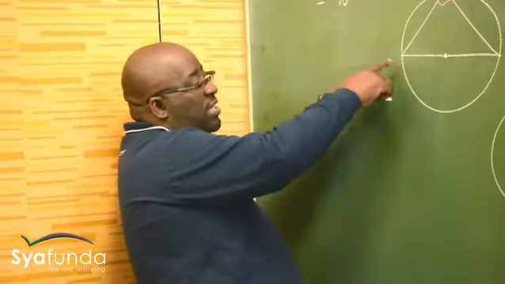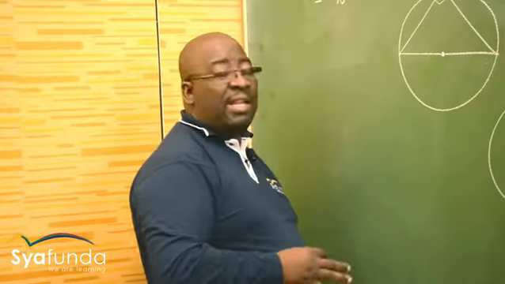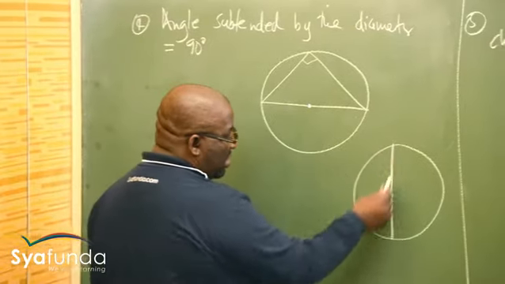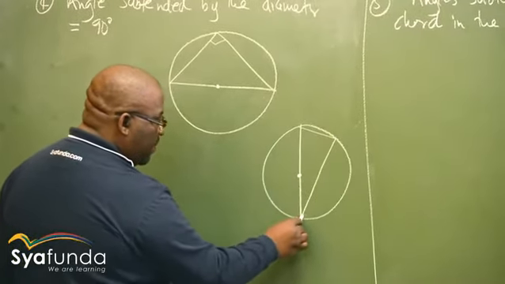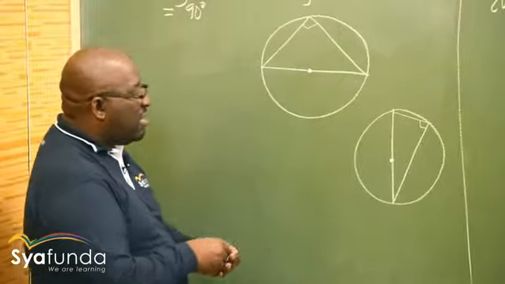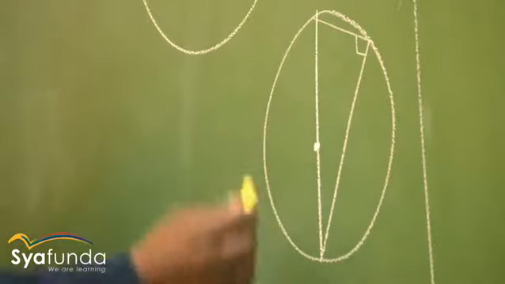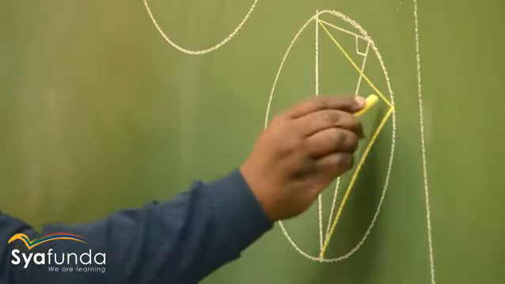So whenever you've got a diameter, the angle that it will form will always be 90 degrees. It doesn't matter where it comes from. If this is the diameter, this angle there is 90 degrees. Why is it 90 degrees? It is subtended by the diameter. The same diameter can subtend this angle, and this angle will also be 90 degrees.